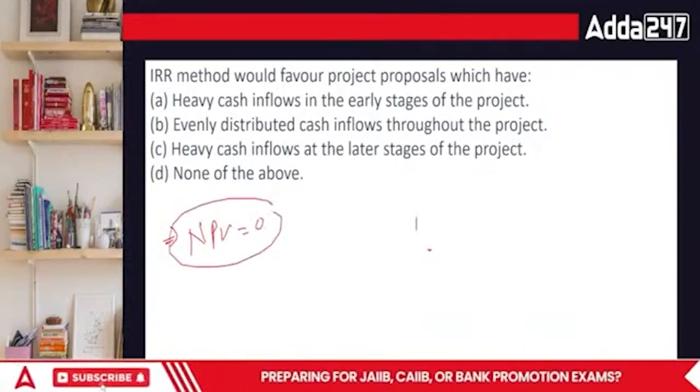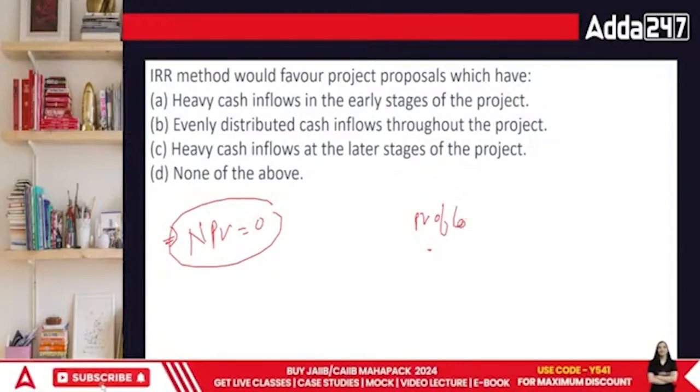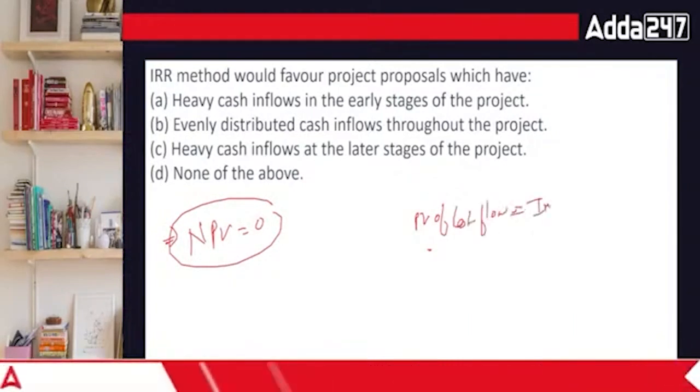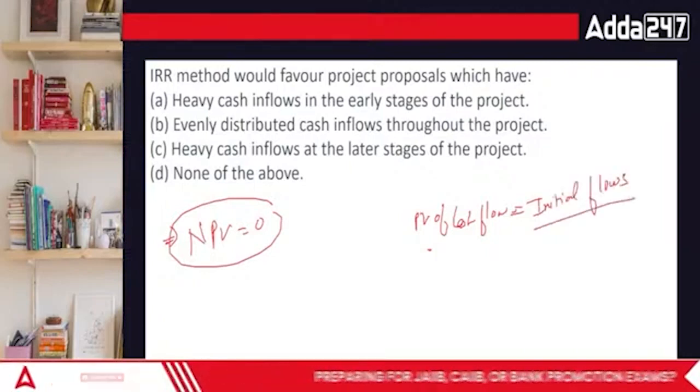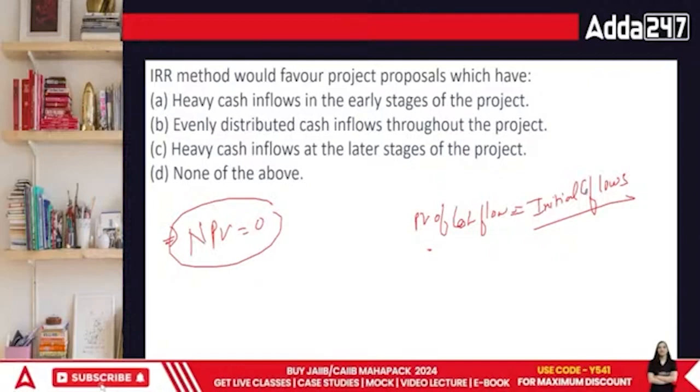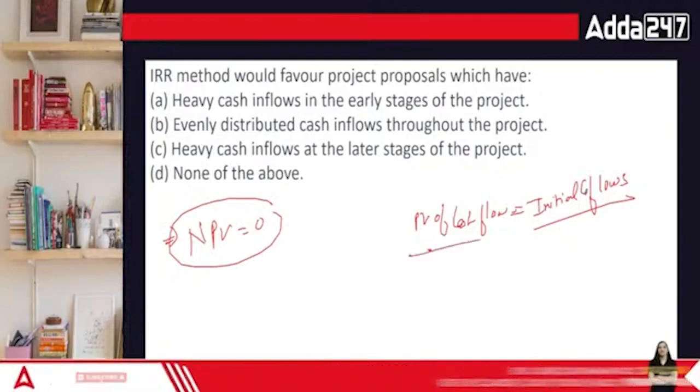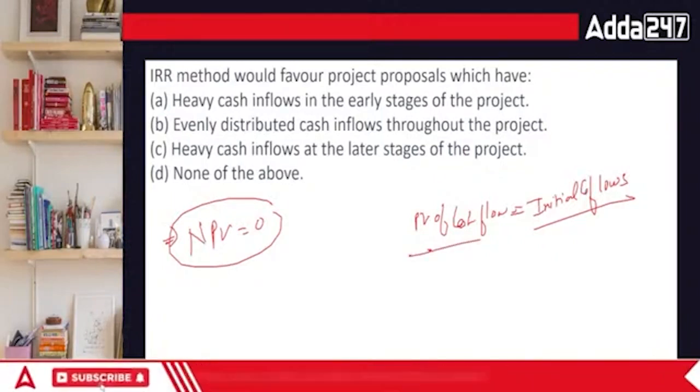That means whatever PV of cash flows is available, it is the same as that of the initial investment that you made. If you spent 10 lakh, you are getting your 10 lakh back. That is covered under the area of PV of cash flows.